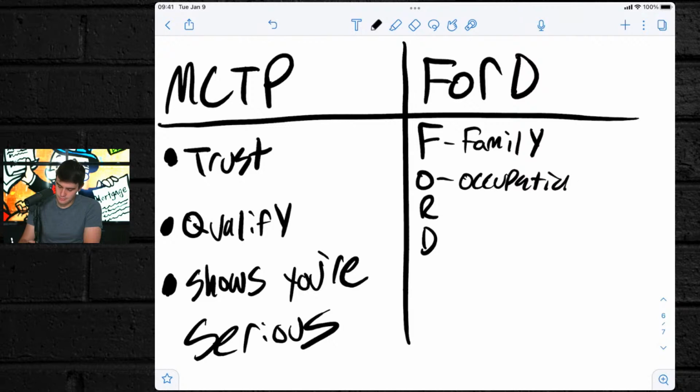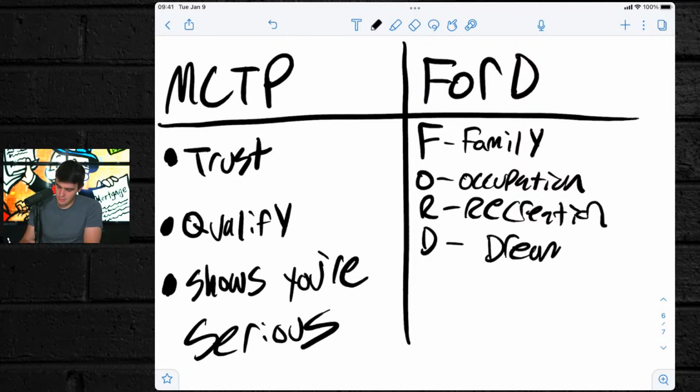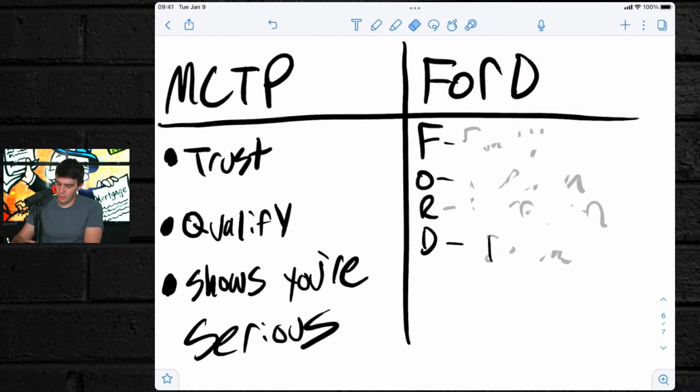Occupation. Recreation. I'm just going to spell this quick. All right. And then D is going to be for dreams. So this is the FORD method, but what does this mean in really simple terms?